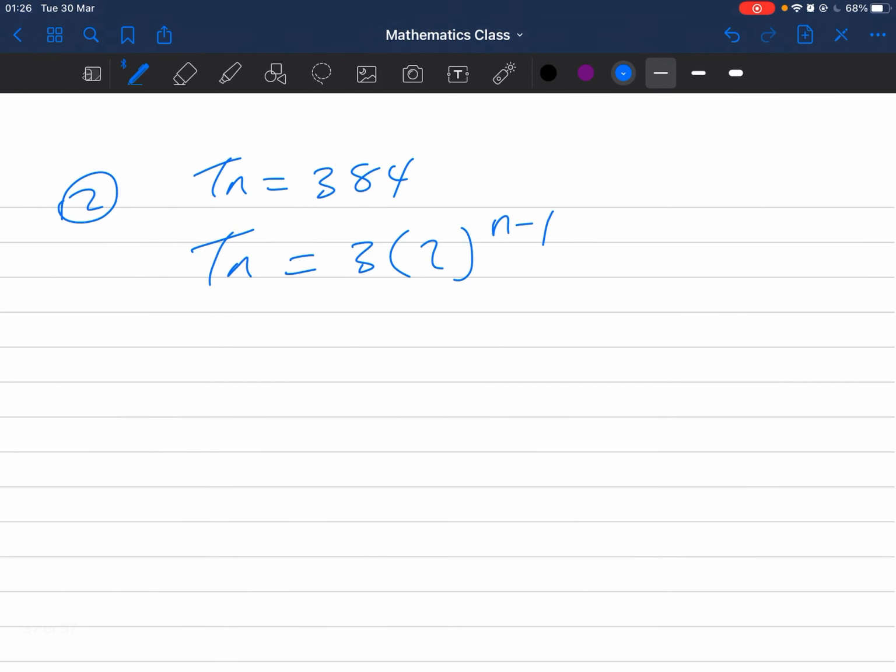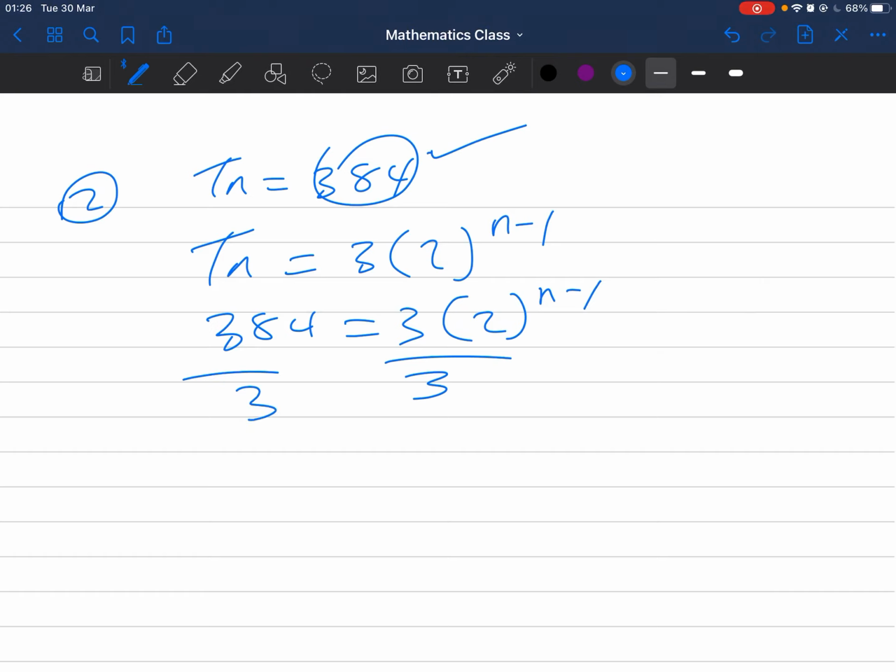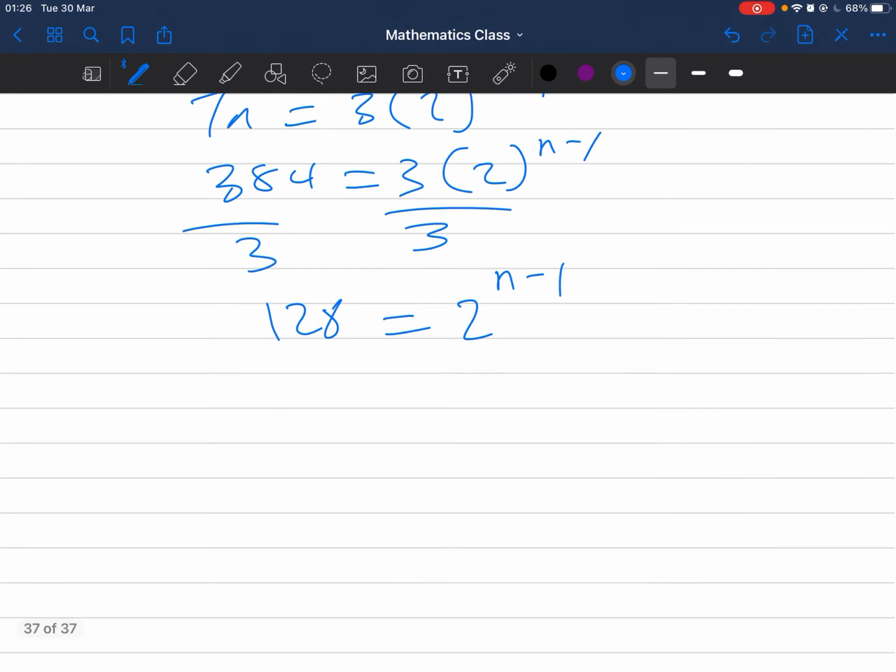So we're going to substitute Tn as 384. So 384 is equal to 3 times 2 to the power n minus 1. Then you can divide by 3 on both sides. 384 divided by 3 is 128. On the right hand side, the 3s cancel, so you have 2 to the power n minus 1.